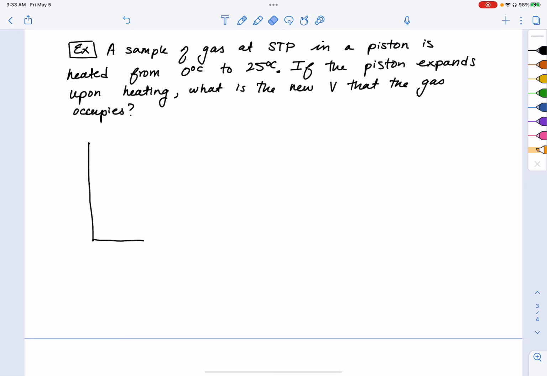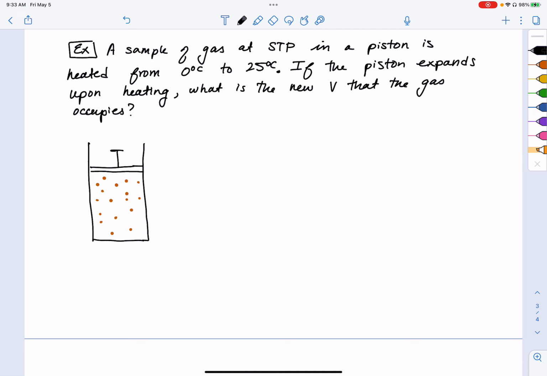So let me draw this a little bit lower down. All right, so we've got our gas inside this piston, and we are at standard temperature and pressure.